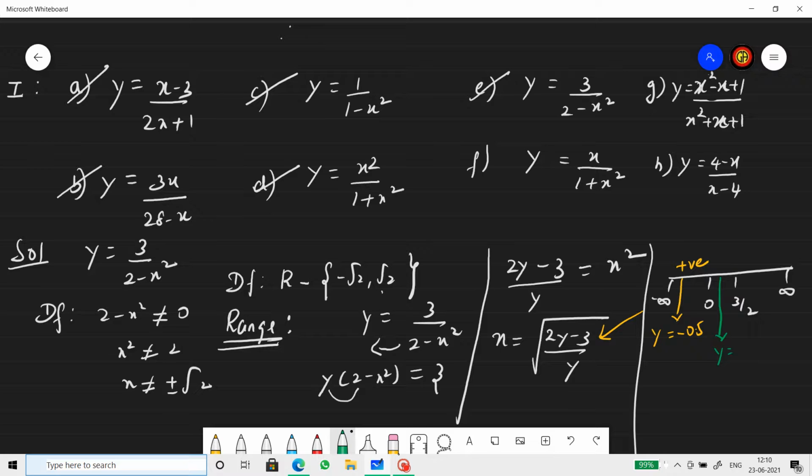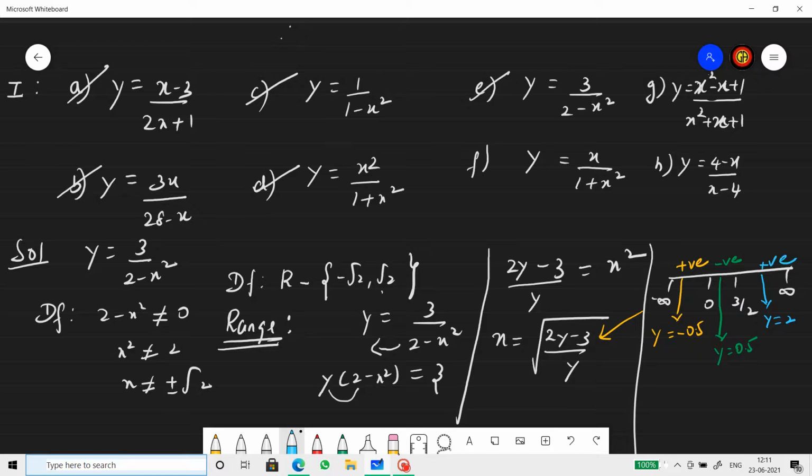Let's take y as 0.5 or 1 by 2. You will find it's negative here. And then take a value between 3 by 2 and infinity, any arbitrary value. Let's consider y as 2. Substitute in it, and you will find it's positive.